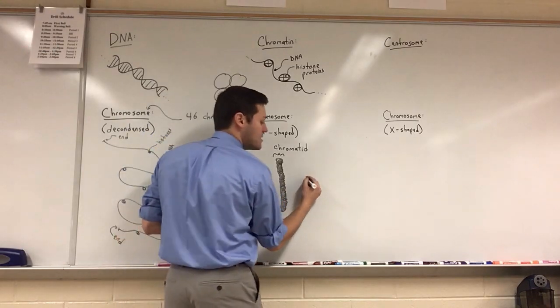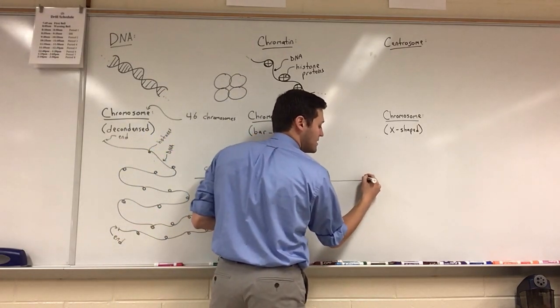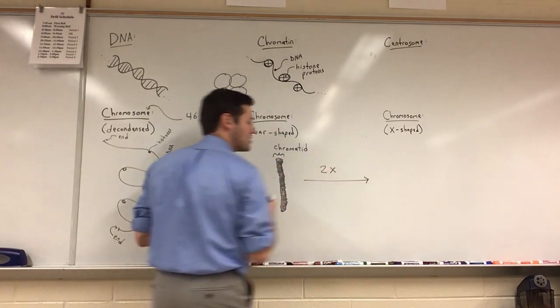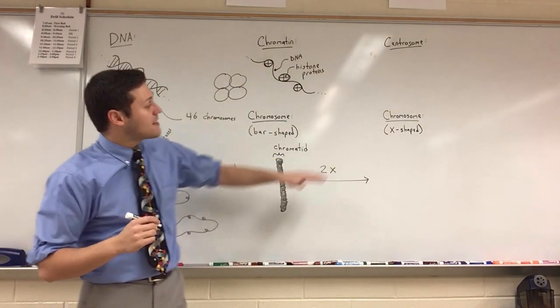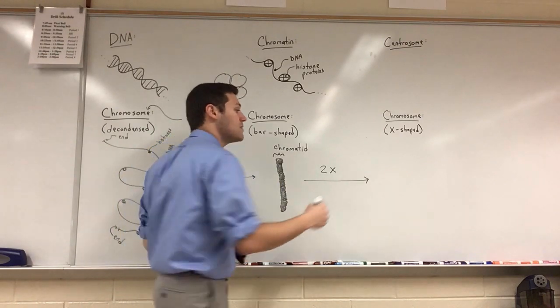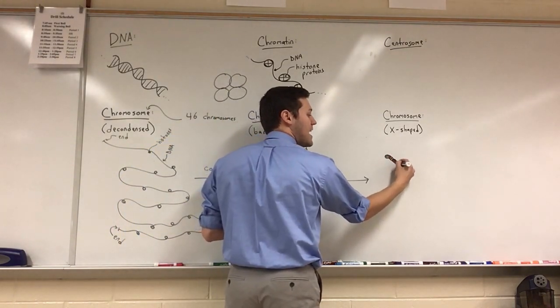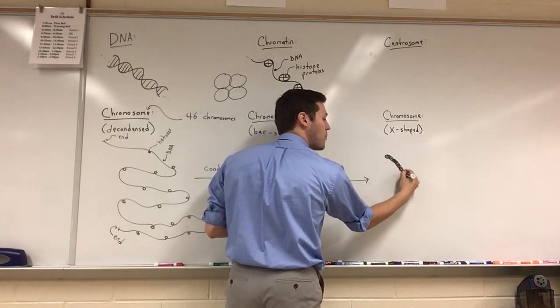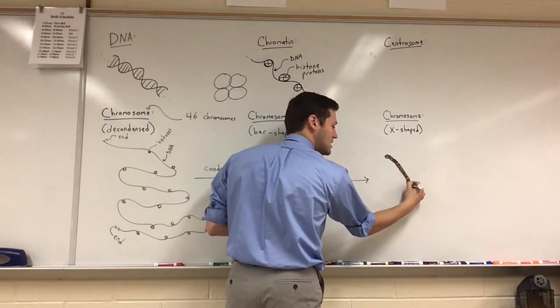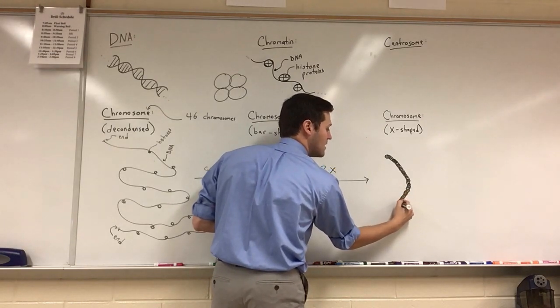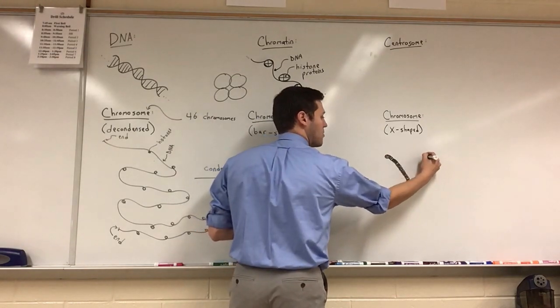So what happens is if we take this DNA molecule and imagine multiplying it by 2, what we get is an X-shaped chromosome. An X-shaped chromosome has 2 chromatids, 2 DNA molecules that are condensed, and I'll draw that up over here.